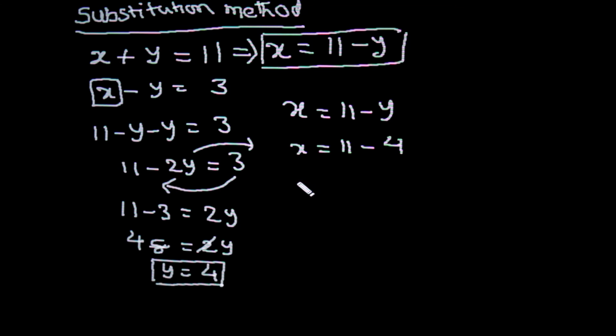Then x is equal to 7. You are getting the same answers, whatever the procedure. One is the elimination method from before, and this one is the substitution method. You can also solve these equations by using a graph.